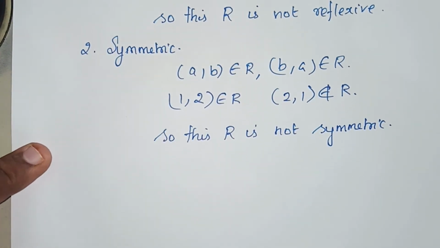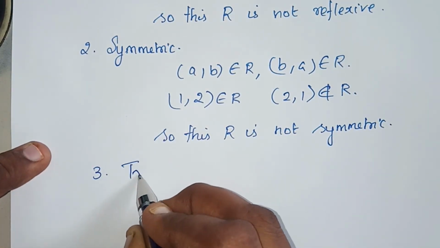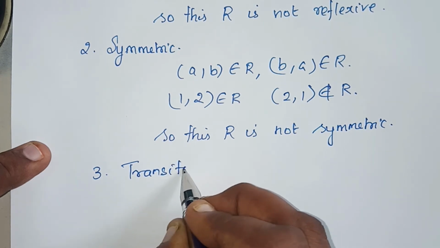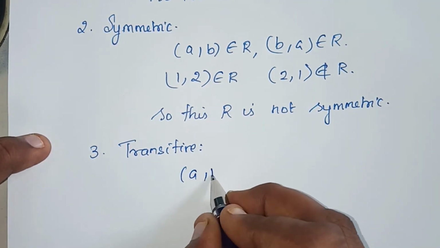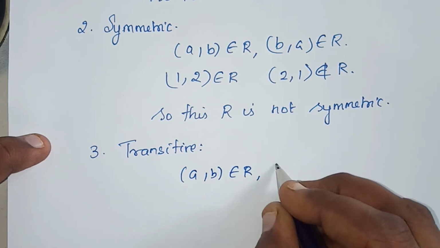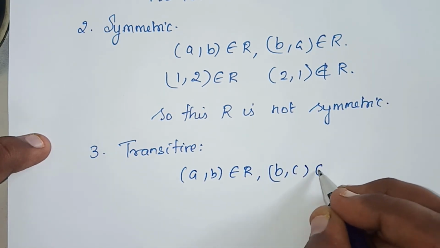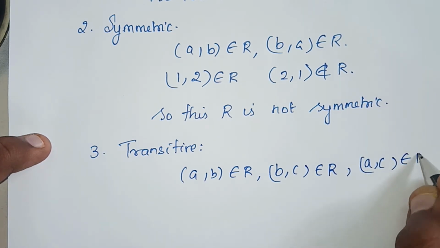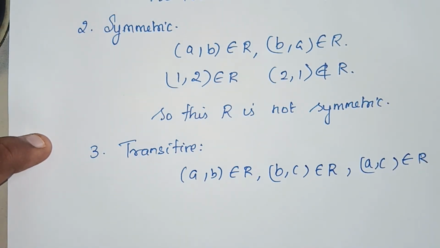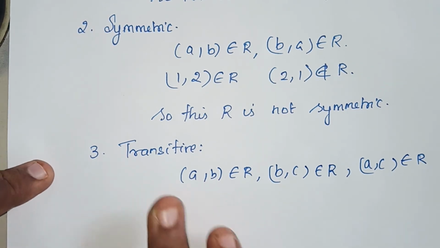Next, we need to check the transitive property. We already know the transitive property: (a, b) belongs to R and (b, c) belongs to R means then (a, c) also belongs to R, right? This is the condition for transitive.